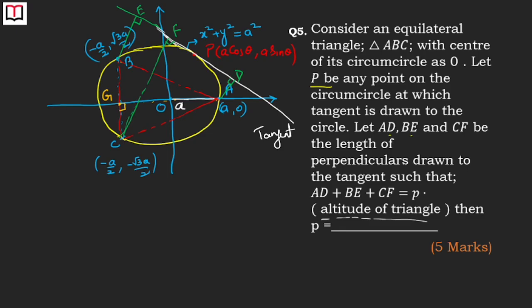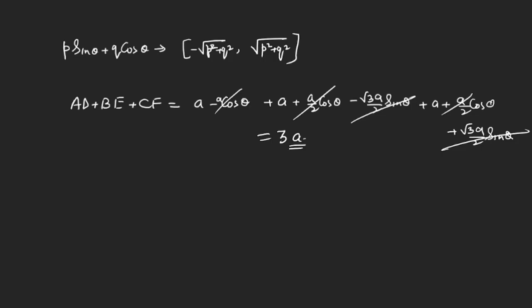This is an equilateral triangle, this has to be 30 degrees, and this is again a. OB is a. So OG is nothing but a by 2. So the altitude AG is a plus a by 2, which is 3a by 2.